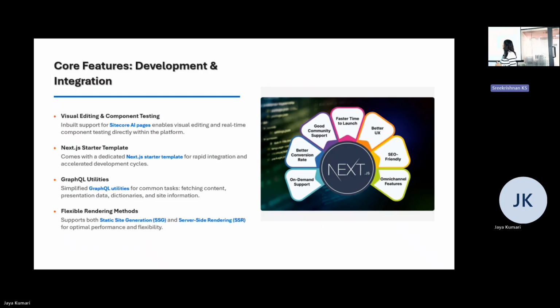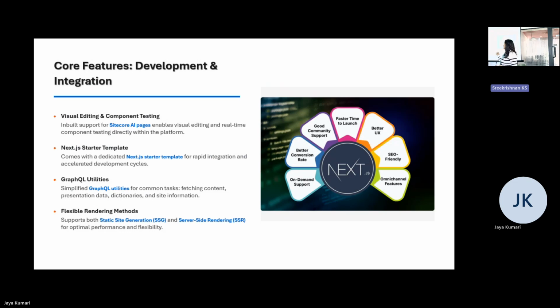So it's by default. And then, as in Sitecore AI we primarily work on the front-end frameworks it supports, Next.js is our main focus. It has a lot of starter templates, and among those, Next.js is also a starter template in the GitHub repo we have. We quickly clone that repo and start creating our app. So it's inbuilt support.